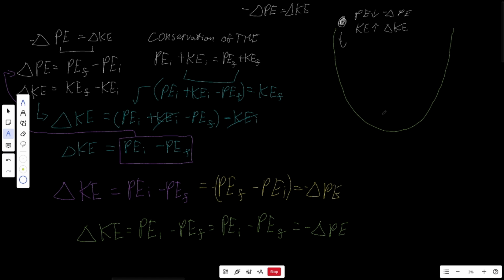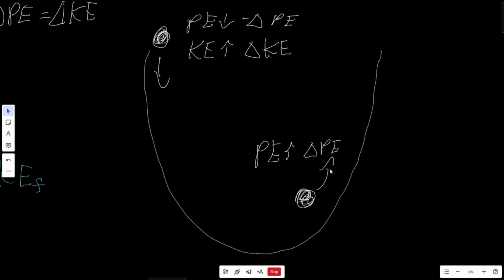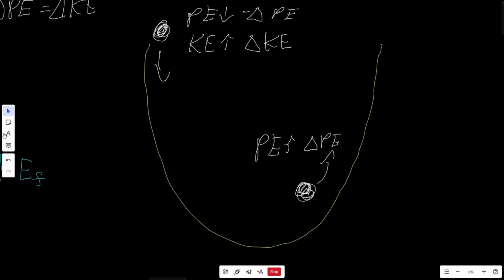Now, for example, let's say that it reaches the bottom and it's going up now. The ball is going up the ramp. Now, PE is increasing and its delta is positive. Now, on the other end, actually, let's zoom in here. On the other end of it, KE is decreasing because it's losing its speed, it's going up, it's becoming more potential.